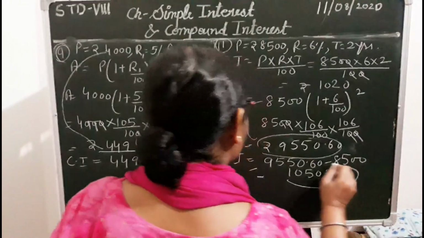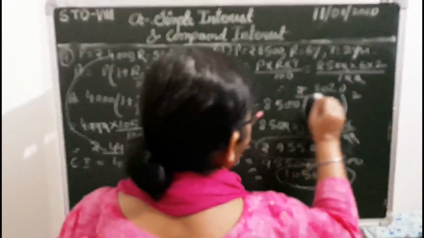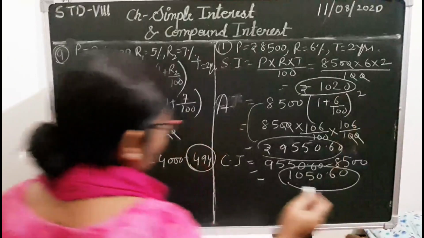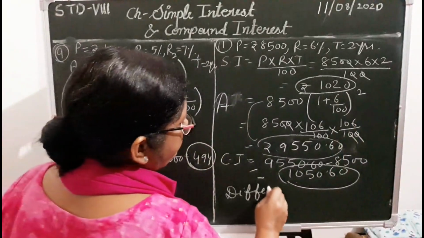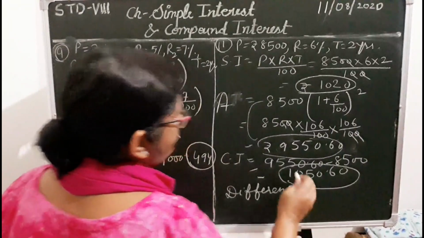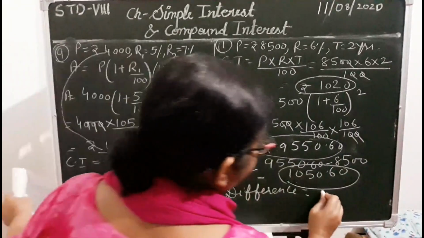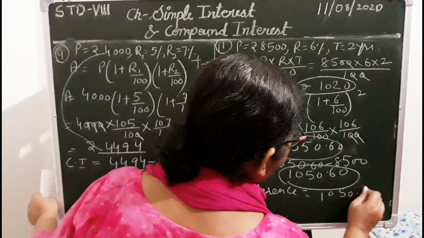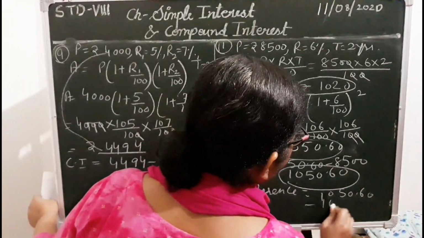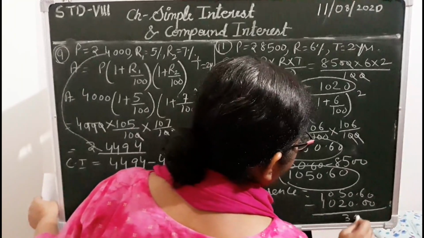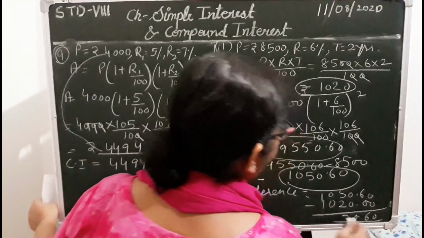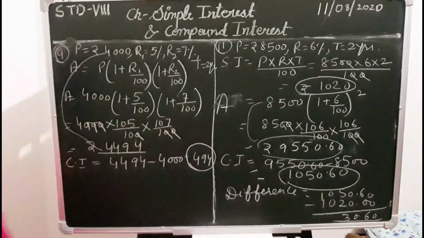It is the compound interest, and simple interest is 1020. Yes, now the difference between compound interest and simple interest will be 1050.60 minus 1020 is 30.60, that is 30 rupees 60 paise.